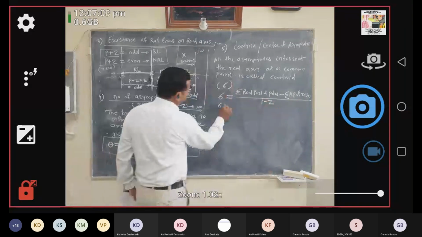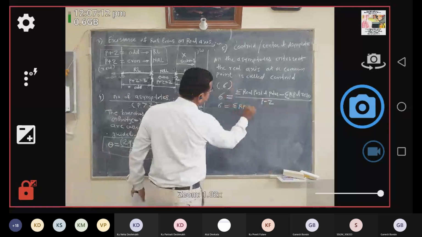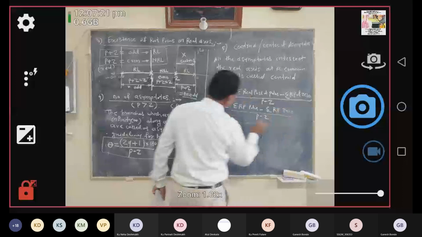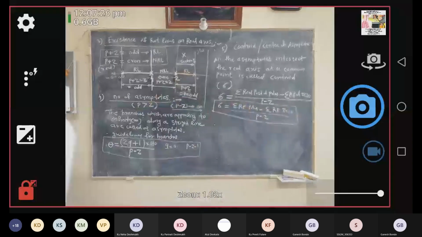In short, sigma is given by summation of real part of poles minus summation of real part of zeros, upon P minus Z. This will give you sigma.